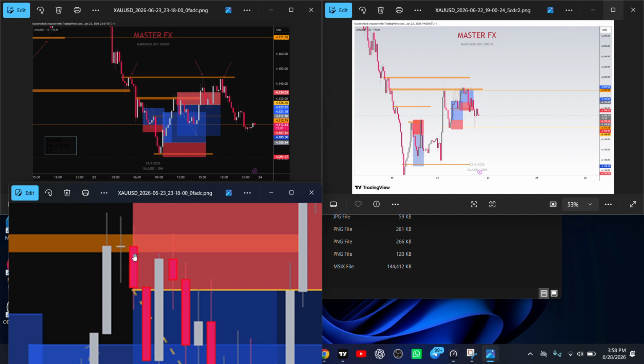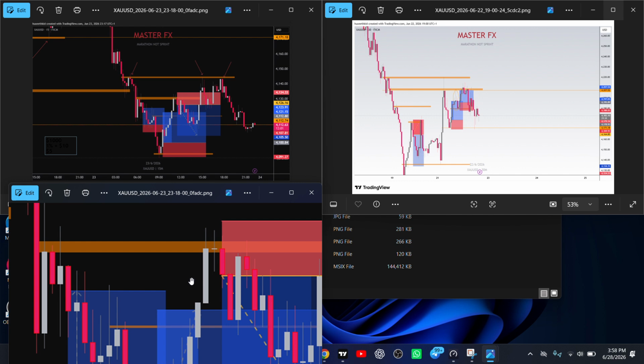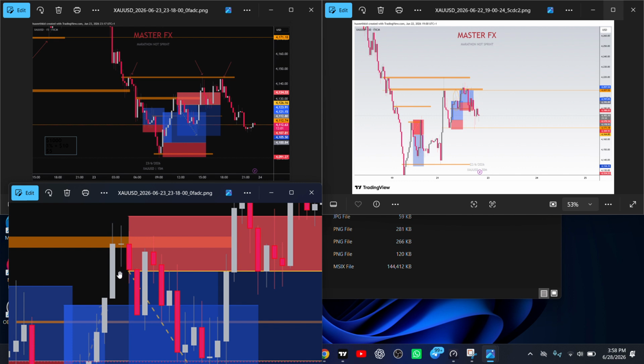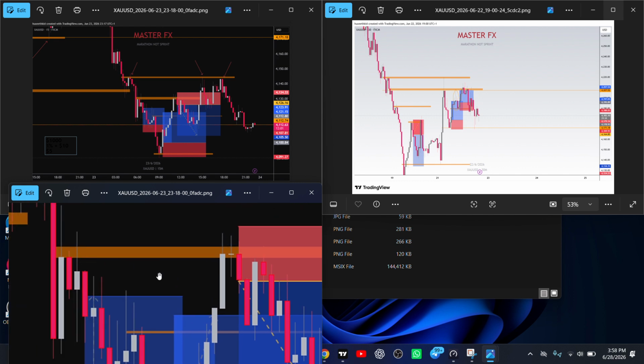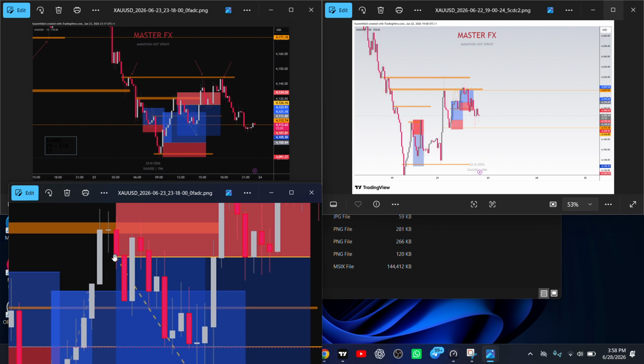Then we have a bearish candle, which shows a very clean resistance from this resistance here. We have another resistance respecting this resistance. So what we are looking for next is the break below this particular candle.